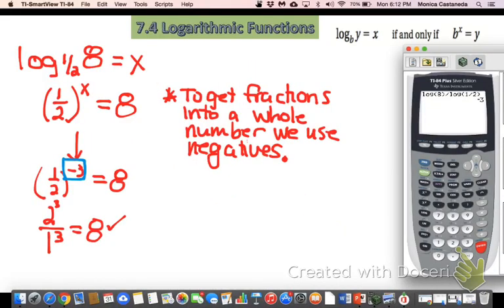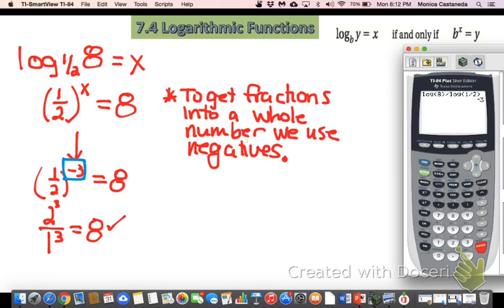Okay, even though I recently said that we can't use our calculators with logs unless it's log base 10, there is a cheat. Just like in video games, there's always going to be some kind of a cheat. So what I did here was, on the left-hand side, I have log base 1/2 of 8 equals x.